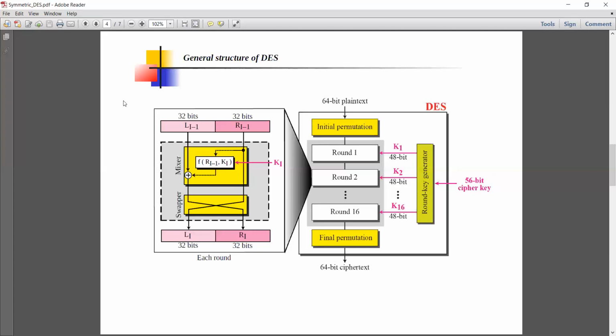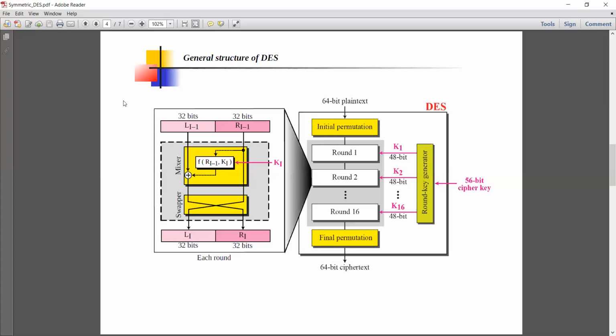That means the bit positions 8, 16, 24, 32, 40, 48, 56 and 64 are discarded. Thus, we get the 56-bit cipher key. Now the key is generated with a length of 56 bits.